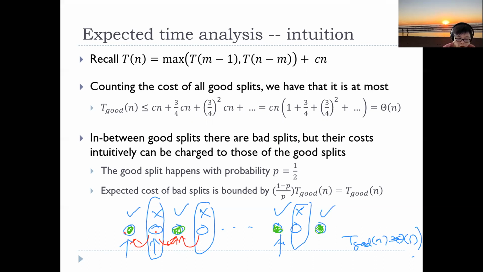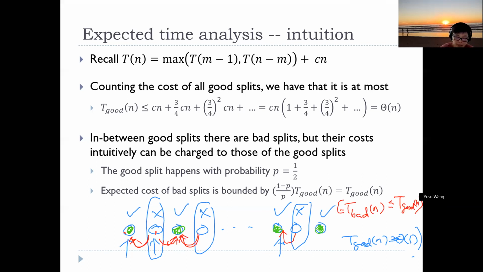Since a bad split only happens with half probability, on average each bad one is only charged to one good one before it. So in other words, the expected time for the bad ones is smaller than the time for the good ones.